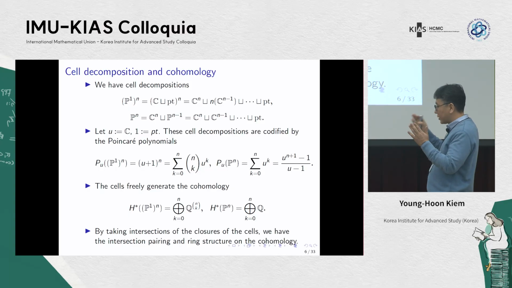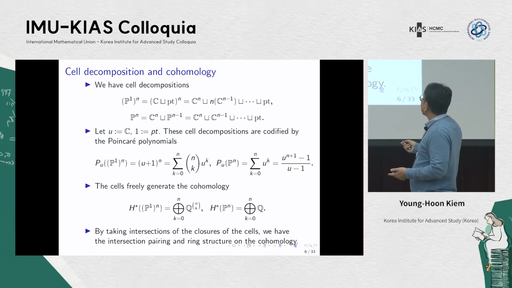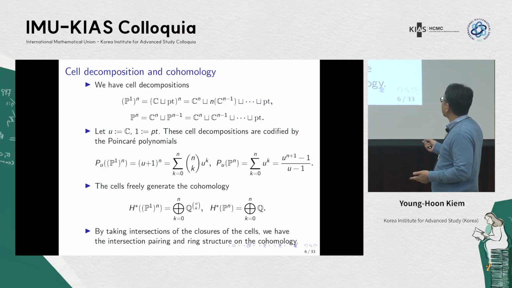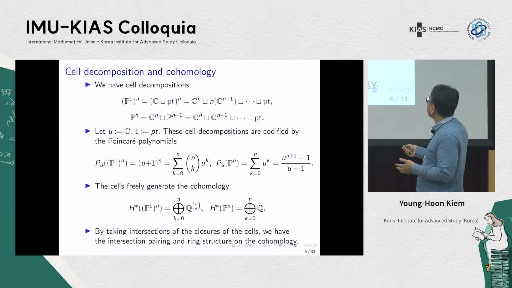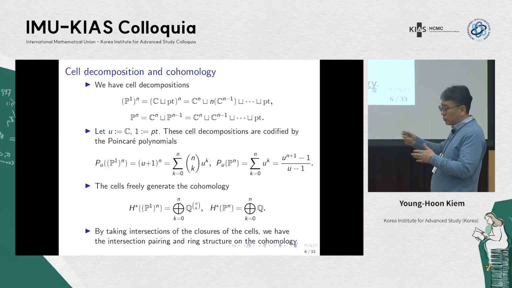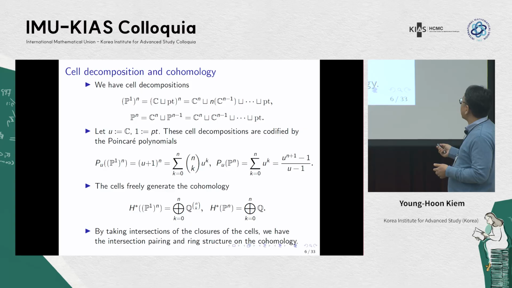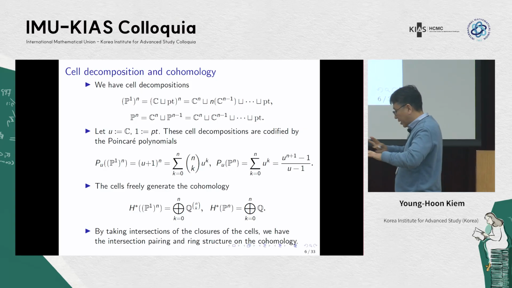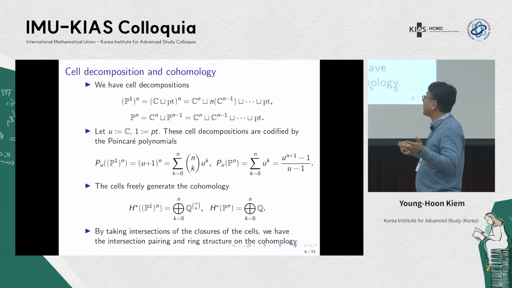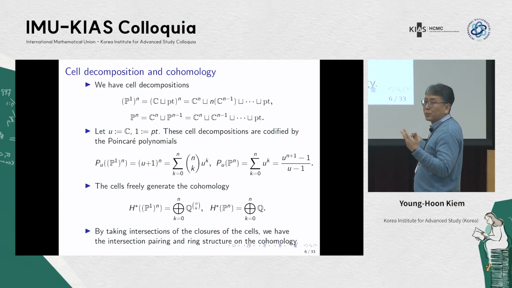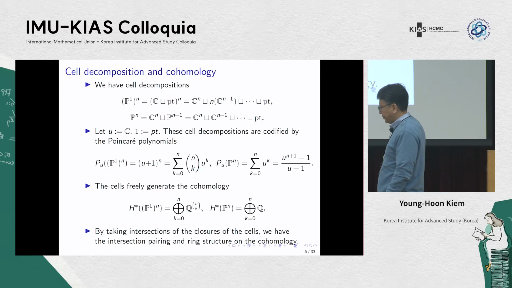The last coordinate 0 means that you have n minus one dimensional projective space. And so Pn minus 1 contains Cn minus 1, the complement is Pn minus 2, and so on. So by induction, you see that Pn is decomposed into the disjoint union of Cn, Cn minus 1, and so on. These types of decompositions are called cell decompositions, and Cn is called an n-cell, Cn minus 1 an n minus 1 cell, and a point is just a zero-dimensional cell.